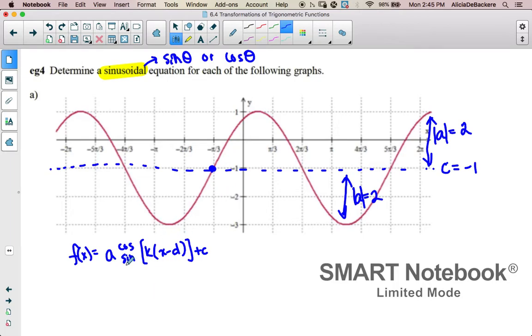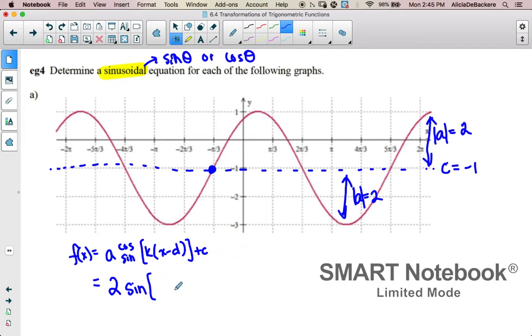All right, so we've decided I'm going to use a sine curve. Notice that from my starting point, the curve goes up and then down. That tells me that the a value is positive. So the a value is in fact +2, and I'm going to use a sine curve. Okay, what else do I need? I still need my k value.